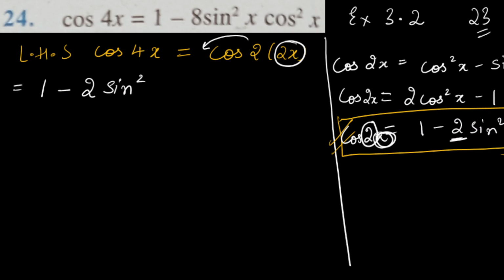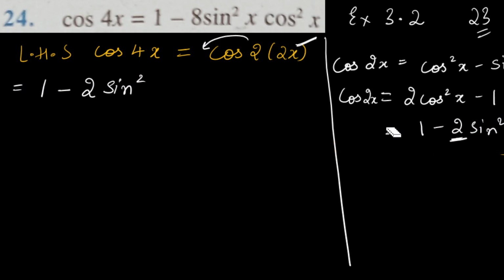Now the x here is 2x, which should be written as only x. Now I have 2x because this is the identity cos 2x equals 1 minus 2 sine square x. So 2 is coming at the front and only x we write with sine, but here, apart from this 2, I don't have only x, I have 2x. So that's why here we will write 1 minus 2 sine square 2x. So you have to be a little careful here.